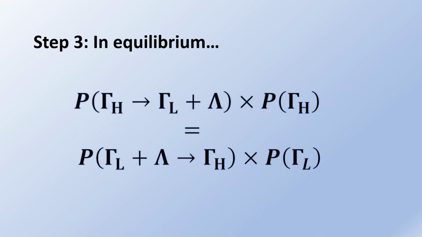The rate of emission is given by the probability per unit time of gamma in the excited state emitting times the probability of gamma in the excited state. Similarly, the rate of absorption is given by the probability per unit time of gamma in the ground state absorbing a particle times the probability of gamma being in the ground state.